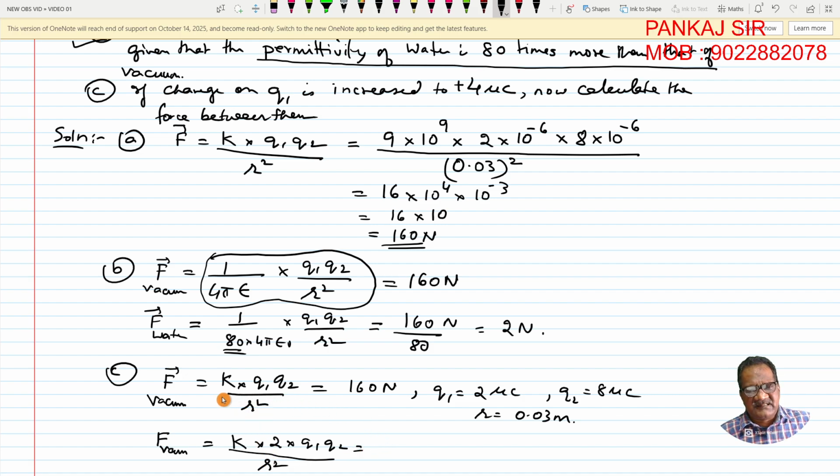Now this value we got as 160 Newton. In this case Q1 is 4 microcoulomb, isn't it? From 2, we have increased it to 4.